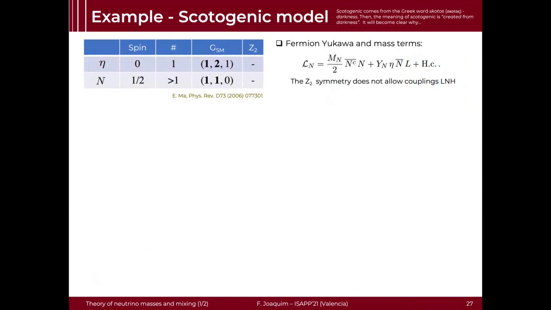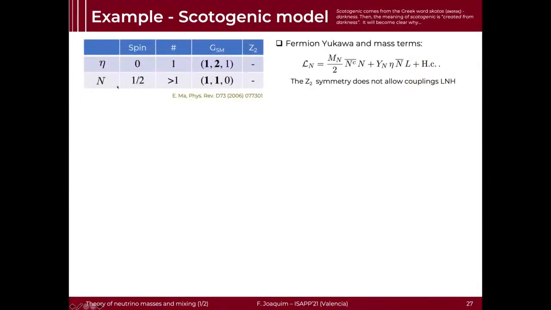Another interesting case is the scotogenic model. This is very popular by now. In this case, we add an extra scalar doublet to the standard model, but it's not exactly the same as the standard model doublet, because now we introduce a Z2 symmetry, and this eta doublet is odd under the Z2 symmetry.